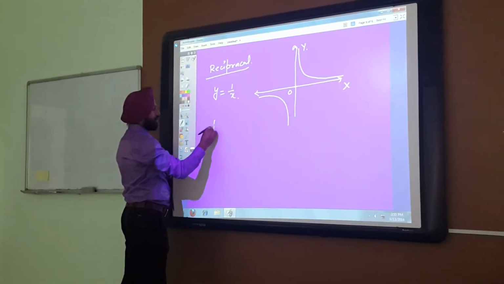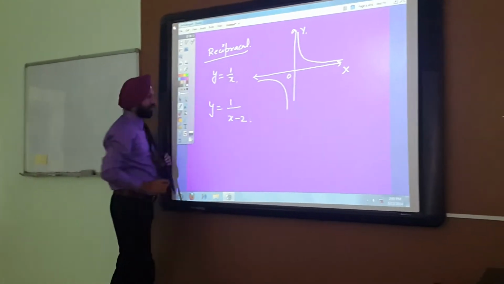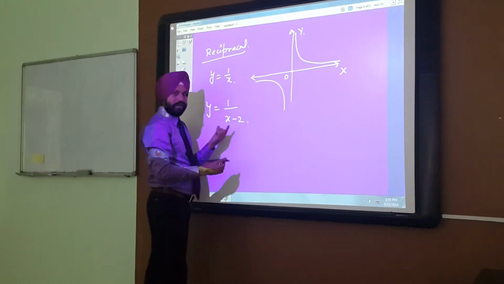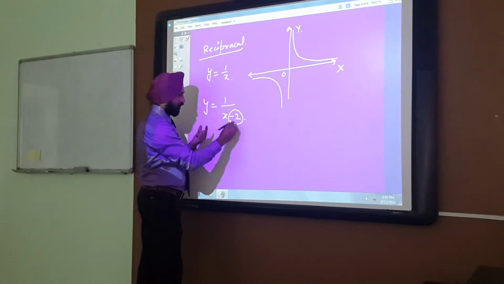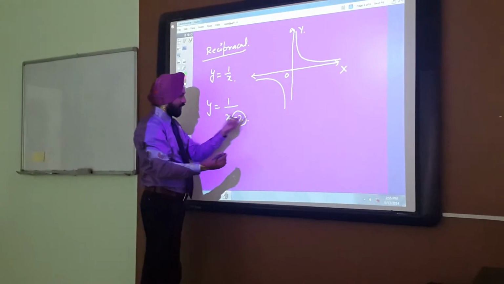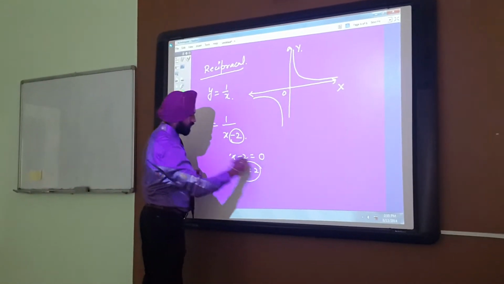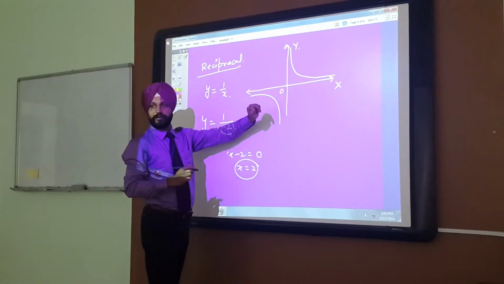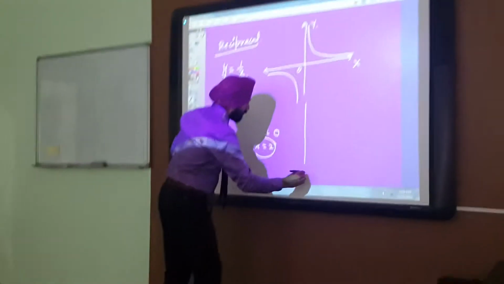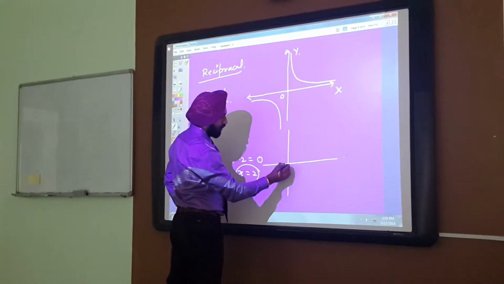Same if you change the curve like this, y equals 1 upon x minus 2. So what will happen? 2 units on right side, because x minus 2, if it is 0, so x becomes 2 then, not 0. Okay, so this line will shift on that side. So if you just copy same, okay, and now draw another line.